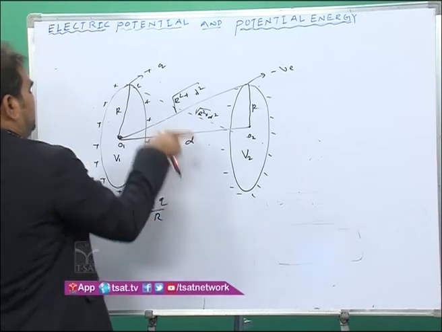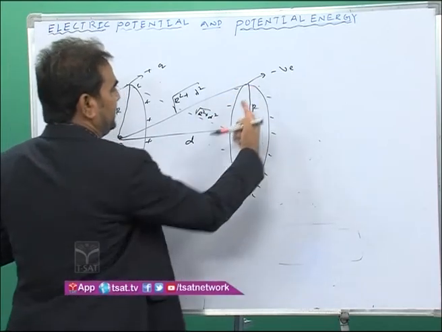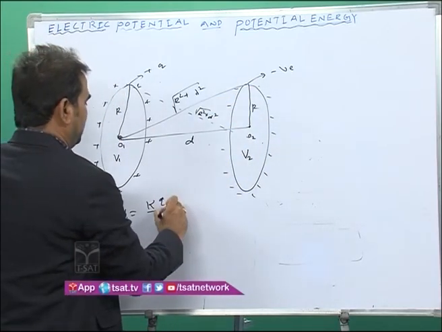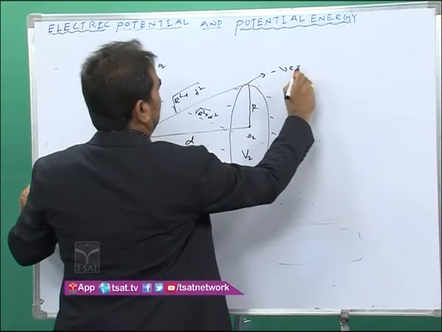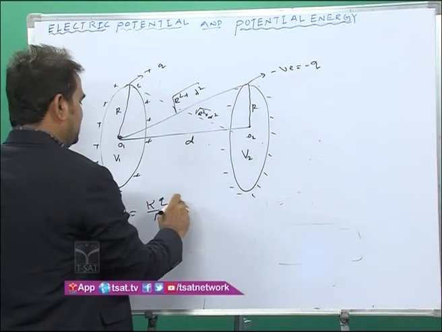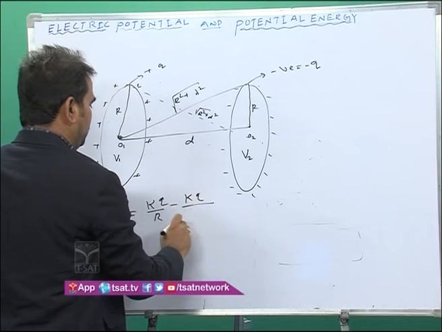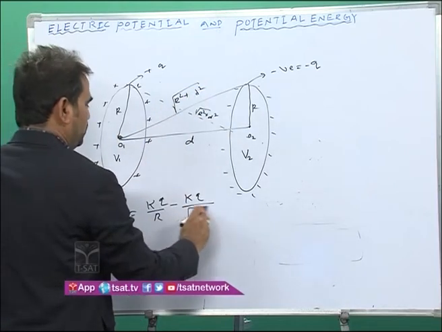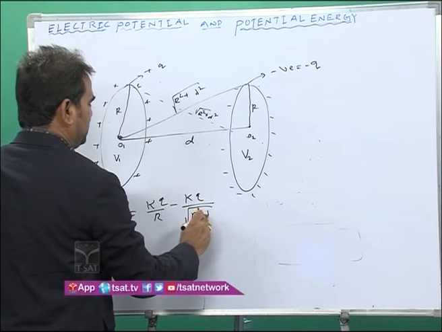The potential at O1 due to the other ring is given by minus, since it has a negative charge, KQ upon root over r square plus d square.